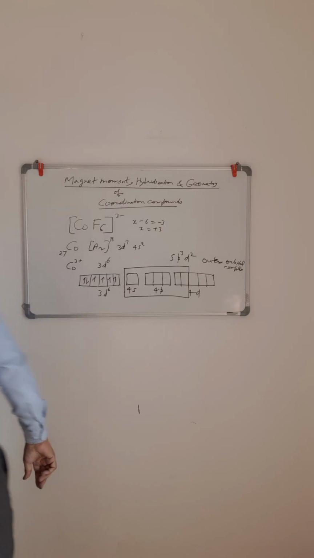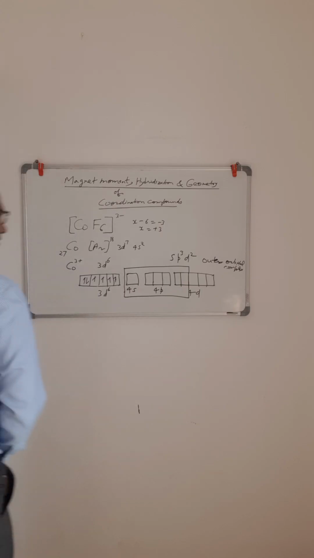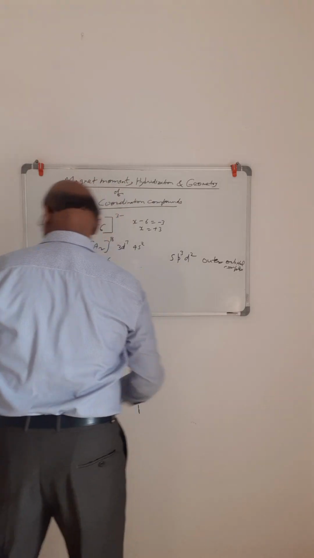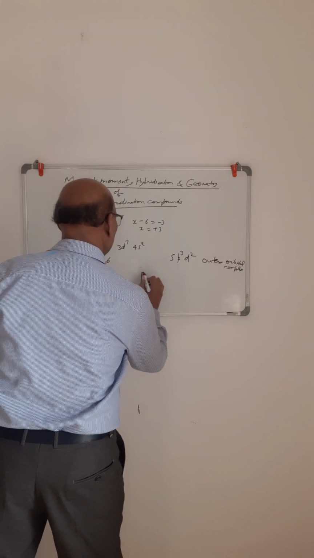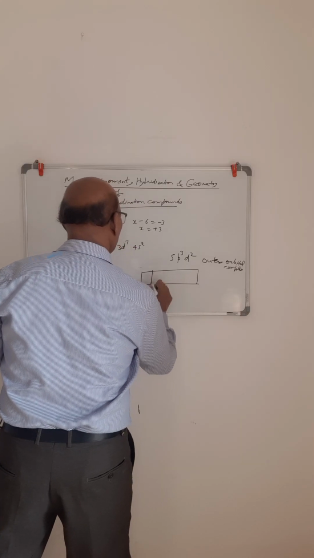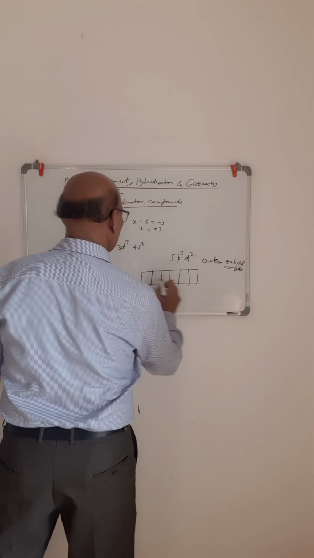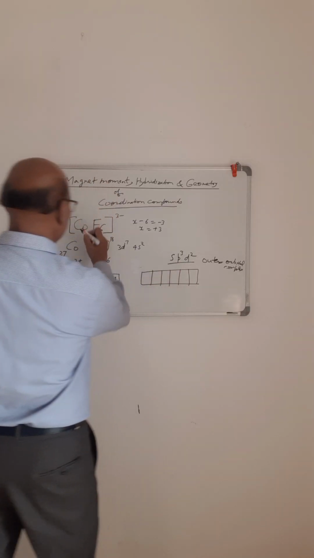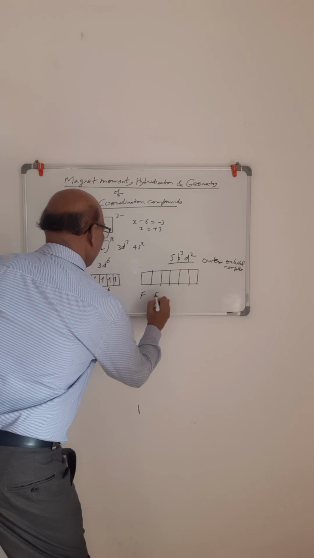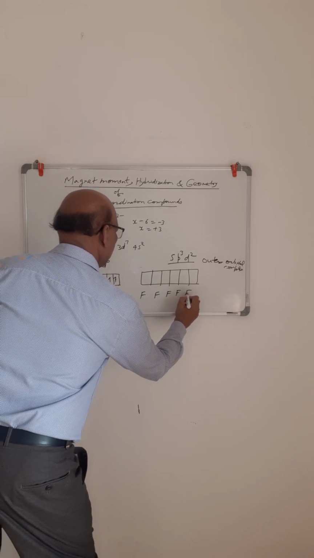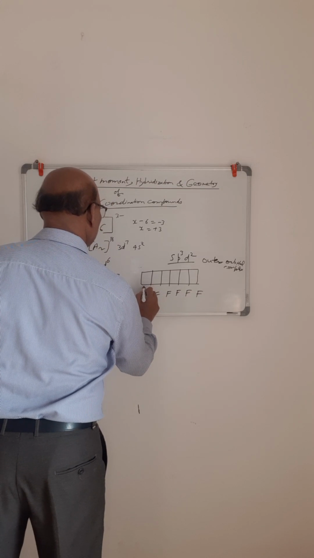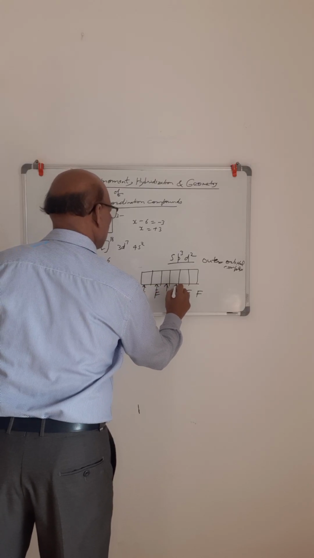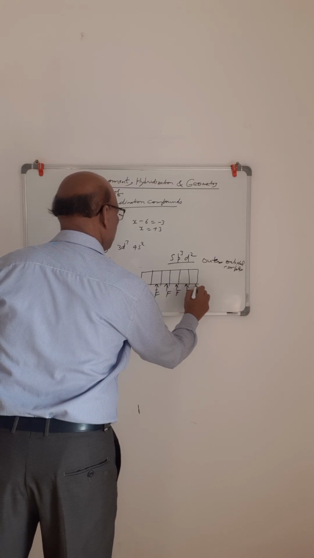So how will it look? There will be 6 hybrid orbitals of sp3d2. So they will look like this: 1, 2, 3, 4, 5, 6 sp3d2 hybridized orbitals, and there are 6 ligands: F, F, F, F, F, F, and they will donate 1 electron pair to each empty orbital, that is the hybrid orbital.